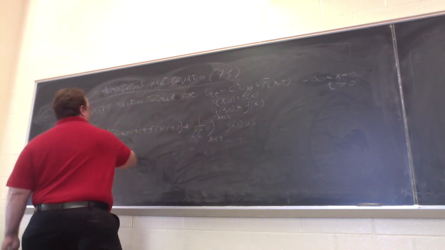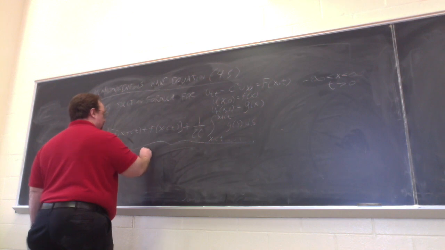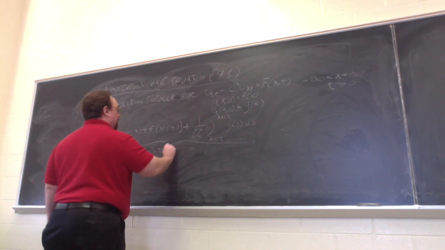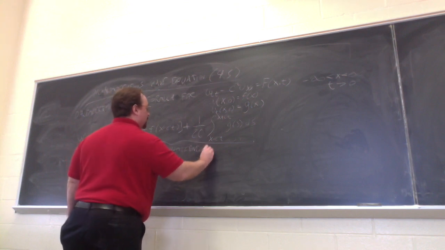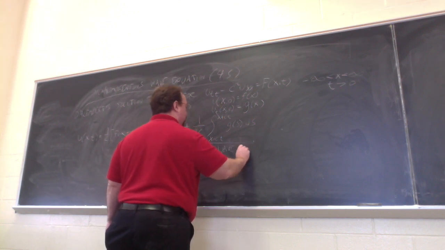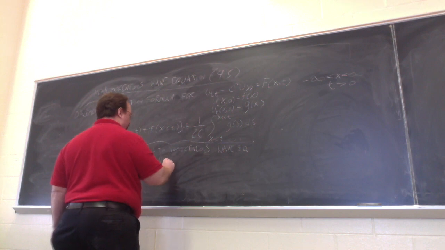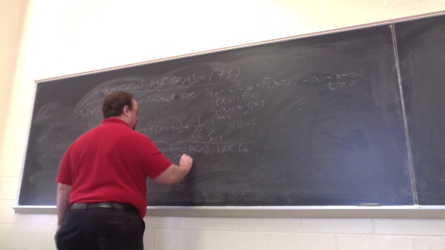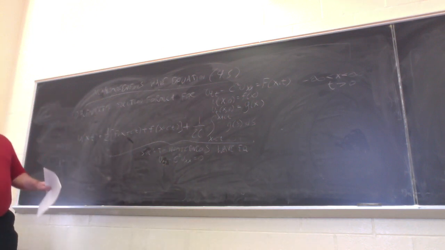So this is the solution to the homogeneous part, a homogeneous equation with the same initial conditions. Well, I guess I have been writing on the board today a lot more than usual.